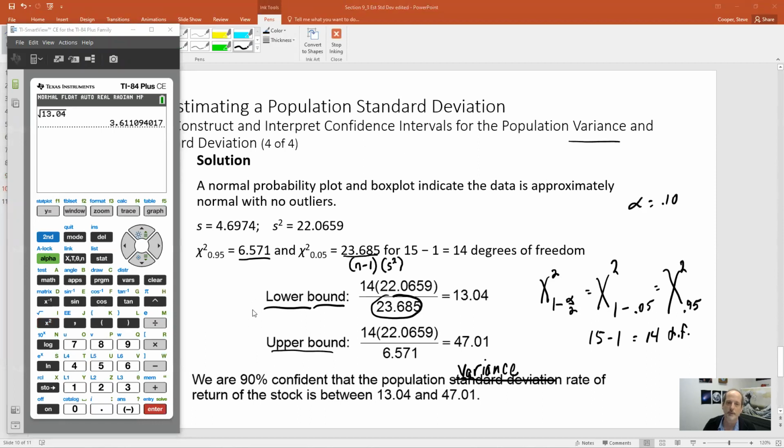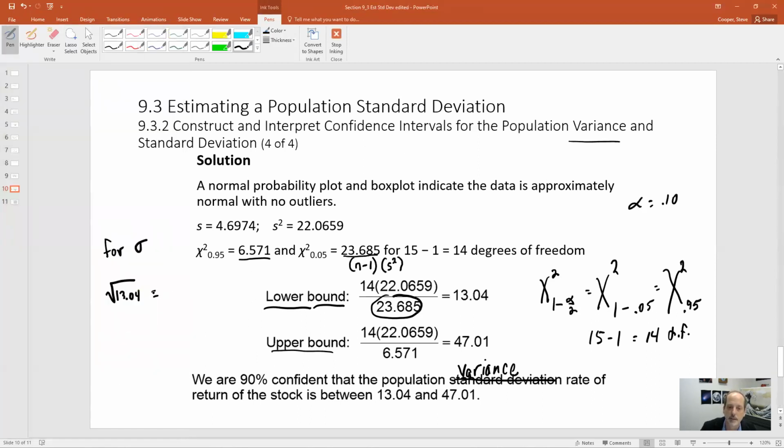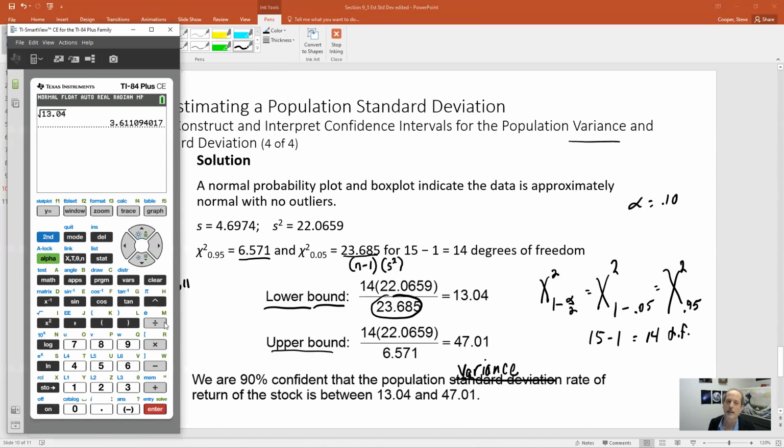Okay, so 3.611. And the square root of 47.01 is 6.85.